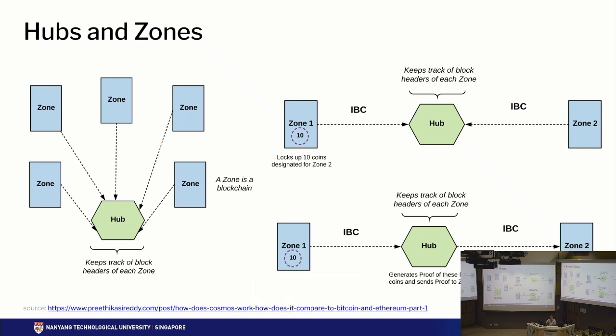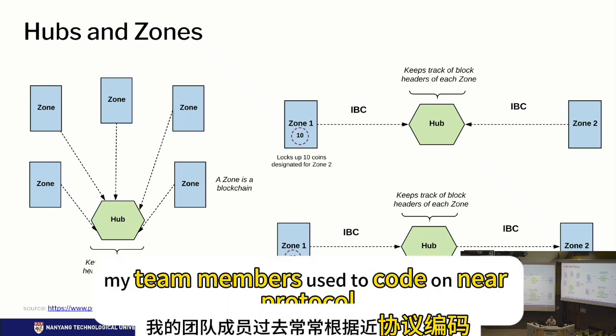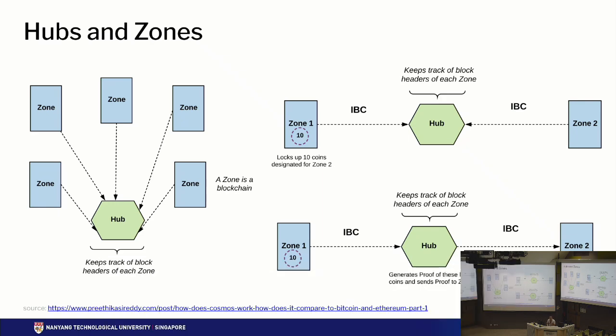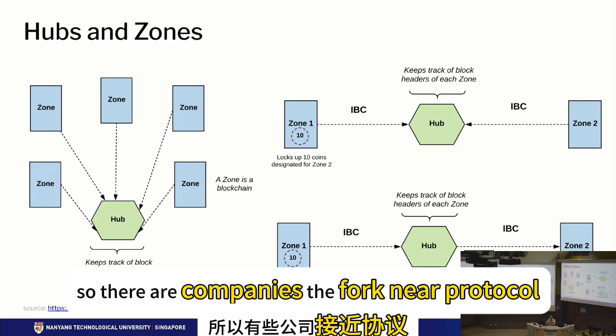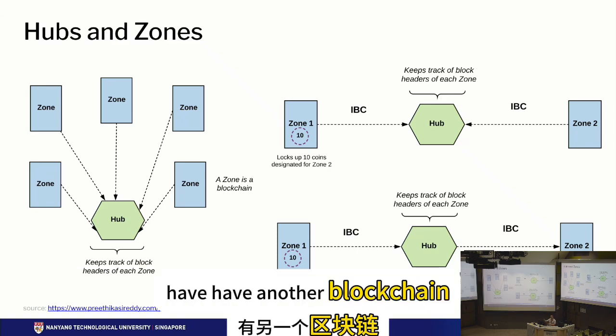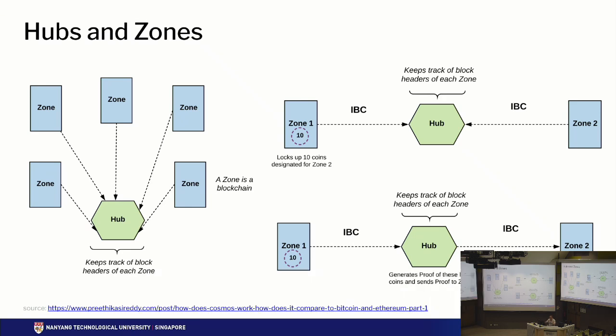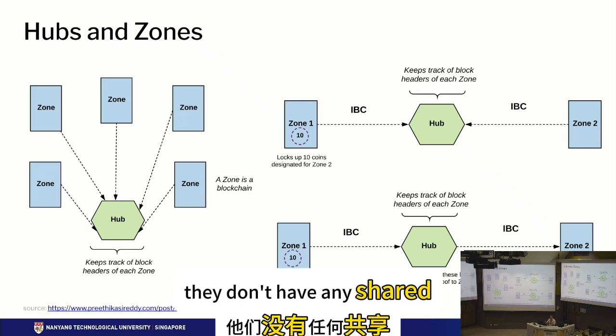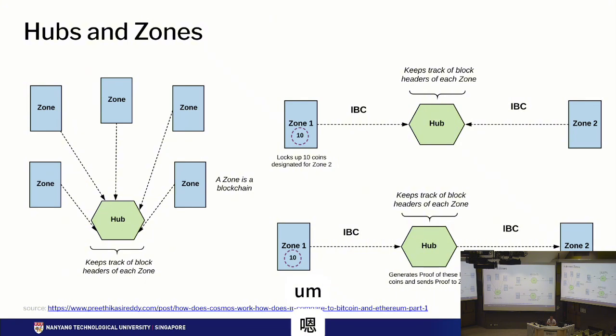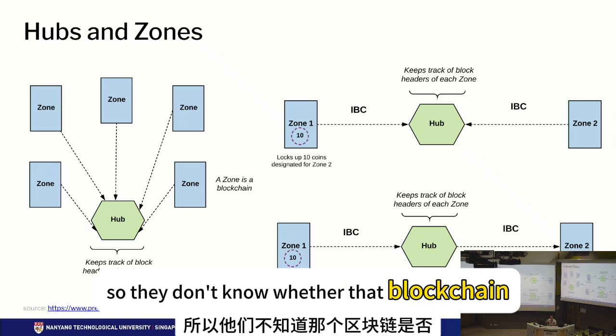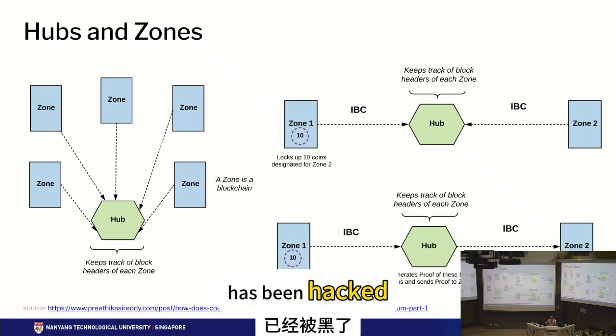Before that, for example, my team members used to code on Near protocol. There are companies that fork Near protocol to have another blockchain. These two blockchains are different, and they don't have any shared relay or hub to trust, so they don't know whether the other blockchain has been hacked.